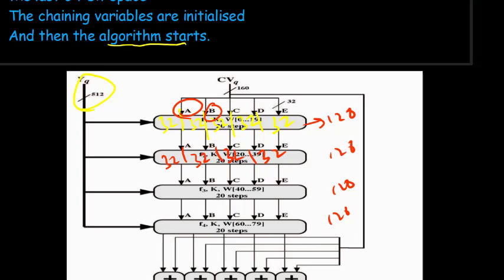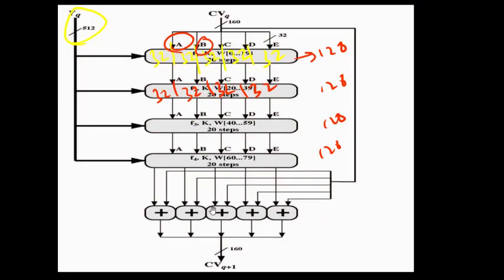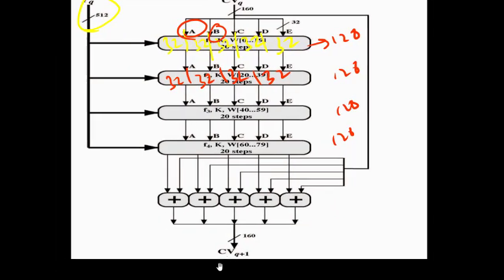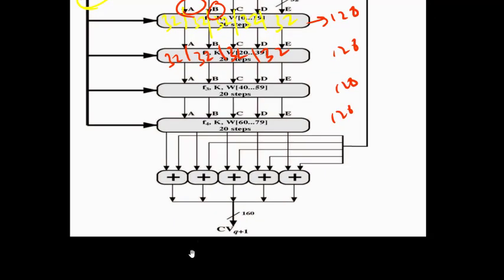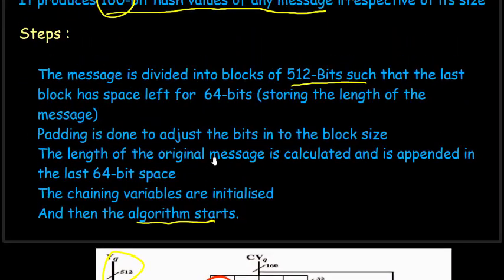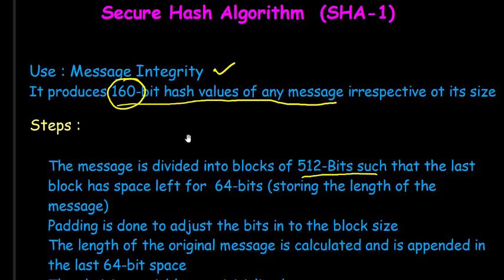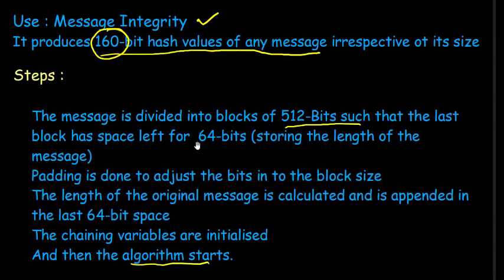We have these chaining variables, so some complex operation is performed, and this is repeated for each and every block. Then it is applied to the next block and so on, and finally the output, as I have told you, is of 160 bits. That is the hash value that is appended to the message and sent to the receiver.